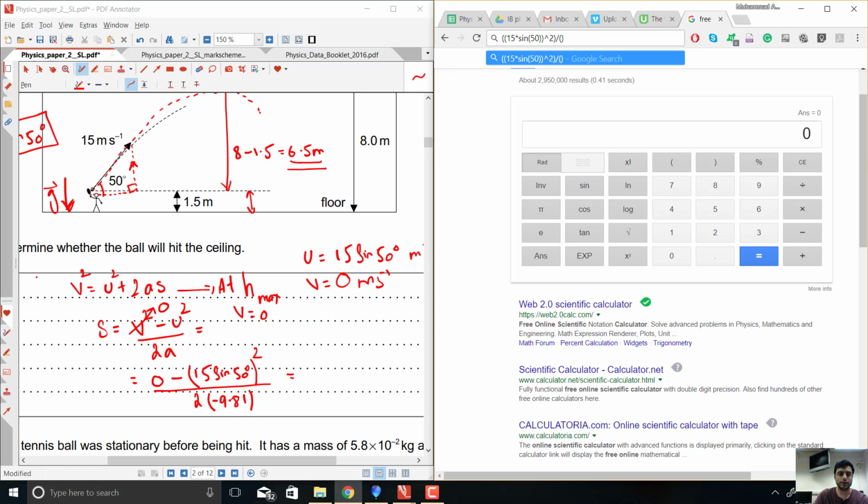You can see there's a negative sign here, so this negative cancels out with the other negative and it becomes positive. And on the denominator we have 2 times 9.81.